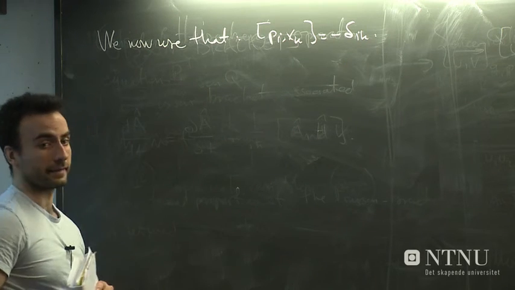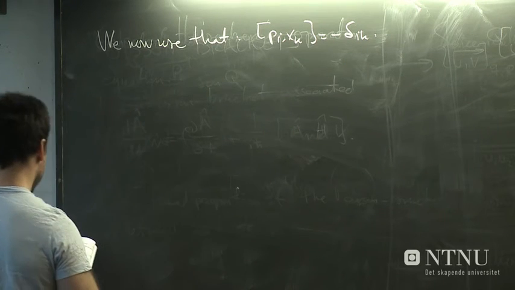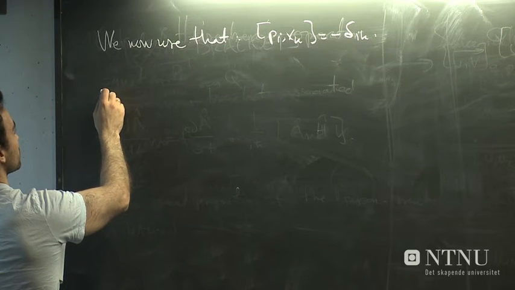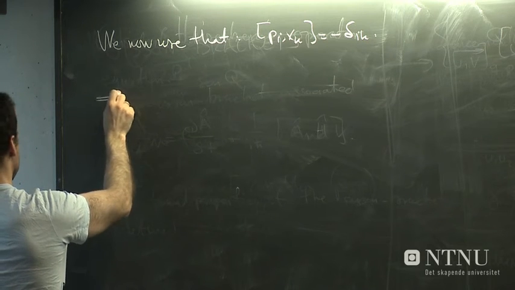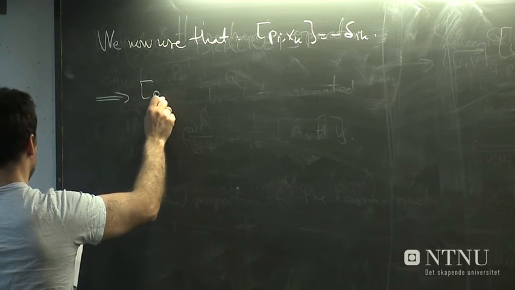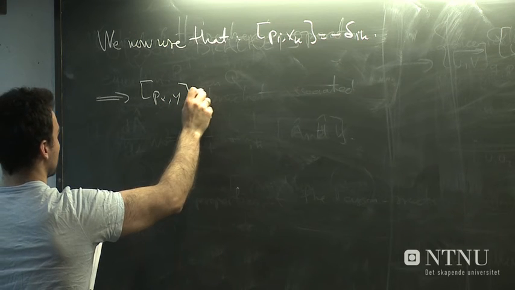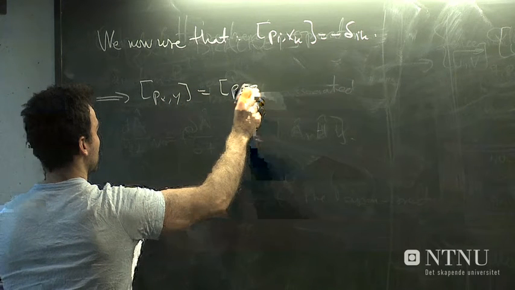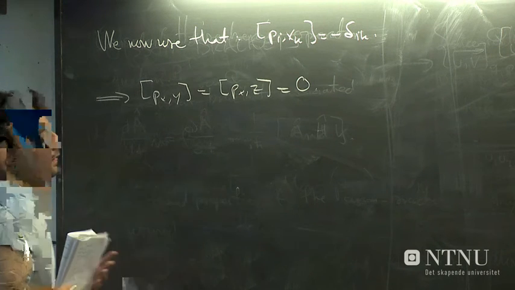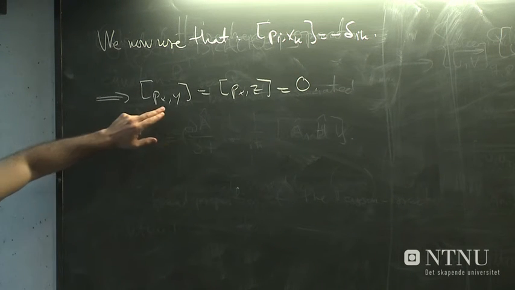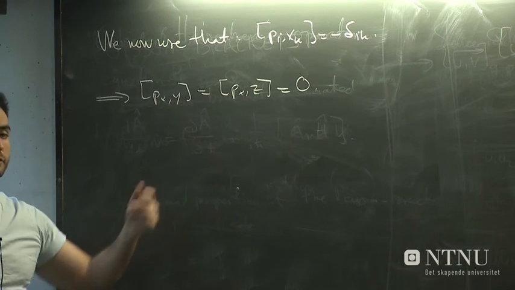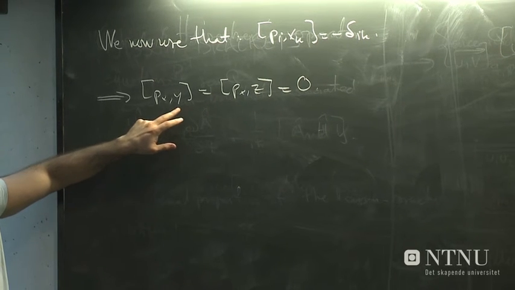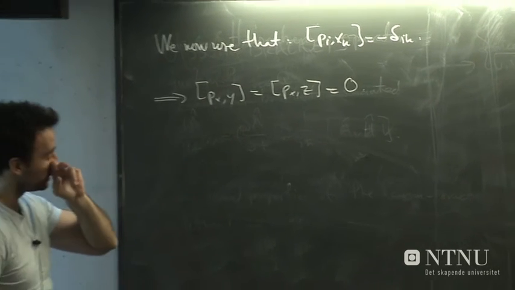Namely, it's the Kronecker delta. And since it's the Kronecker delta, we know immediately that these two Poisson brackets have to be 0, since we have different components of the momentum and the position vector.